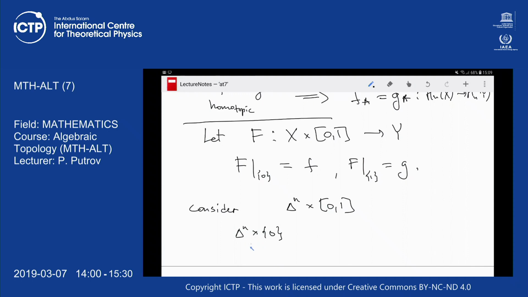This can be identified with the n simplex itself, and let me choose the notation for the vertices of this n simplex to be v0 to vn. And delta n times the end of the interval gives another copy of the simplex. In order to distinguish it, let me denote the corresponding vertices w0 to wn.